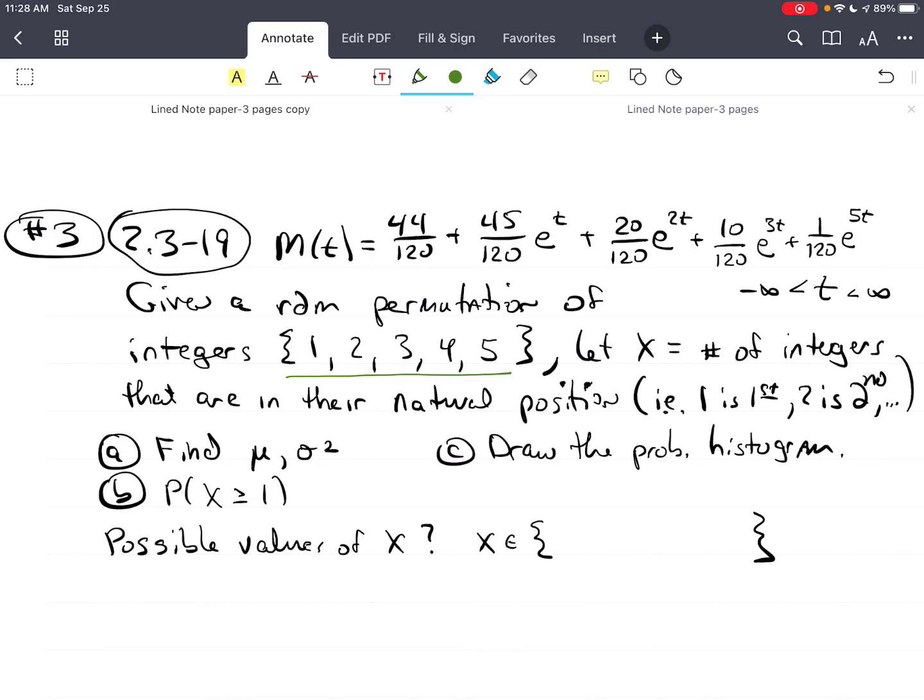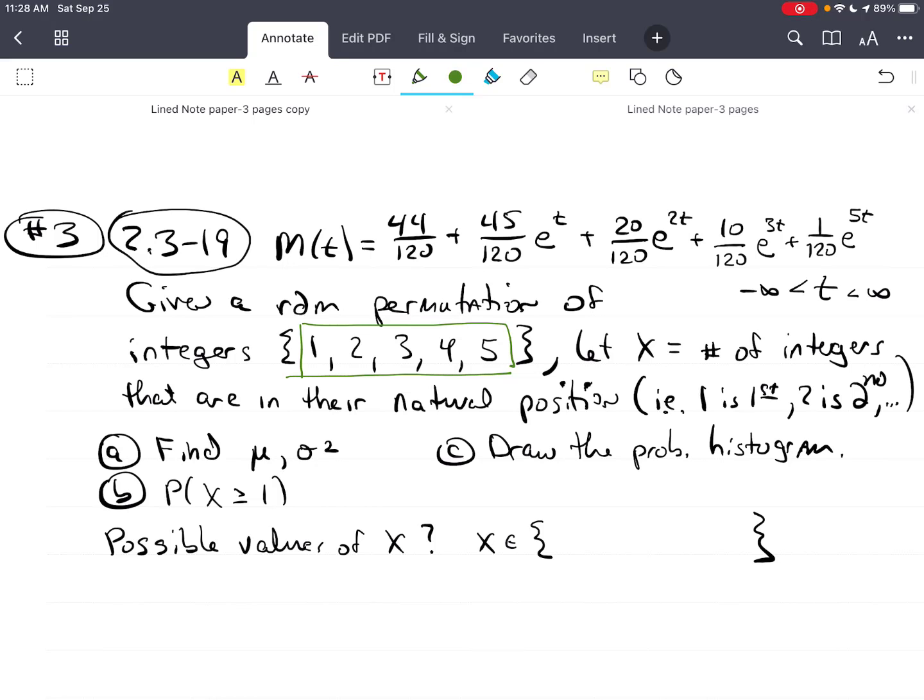And so we're going to want the number of integers that are in their natural position. So this is the natural order or position. 1 is first, 2 is second, 3 is third, 4 is fourth, and 5 is fifth. So we want to count how many of these integers are in their natural positions.